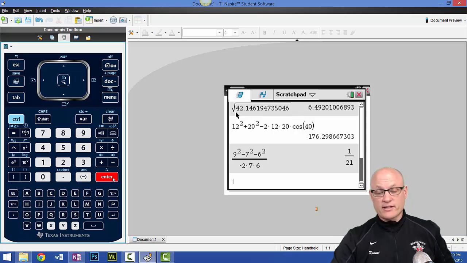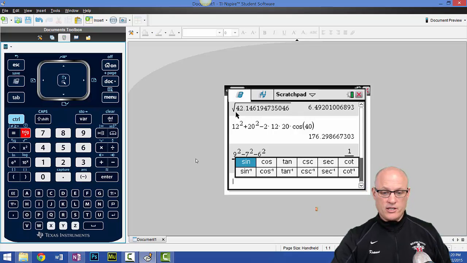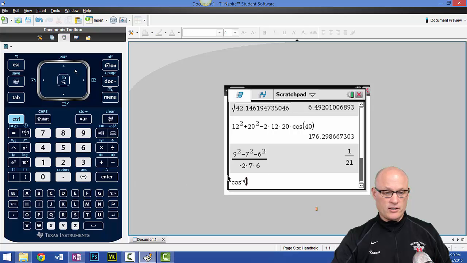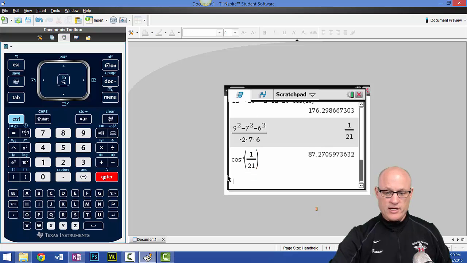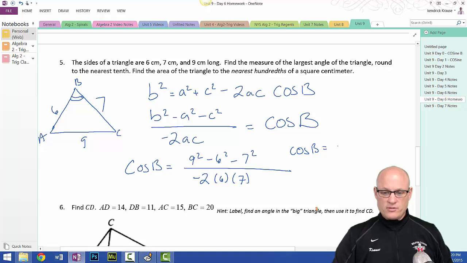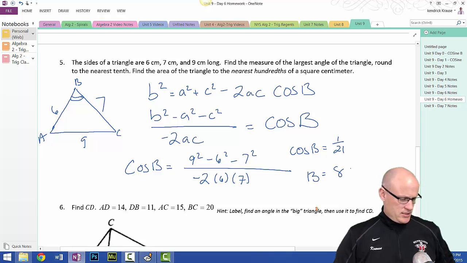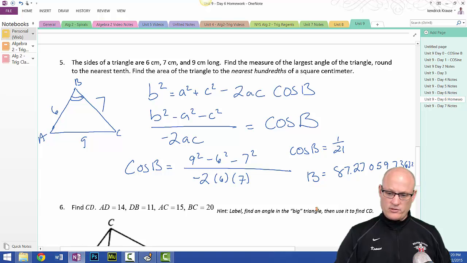And then we're going to eventually take the inverse cosine of that, so I might as well do it right now. Inverse cosine of, and I'll click the up arrow to get that highlighted, hit enter, and then enter again. 87.27 degrees. So this was 1 over 21, and then when I did the inverse cosine, I get B equals 87.27059733632.